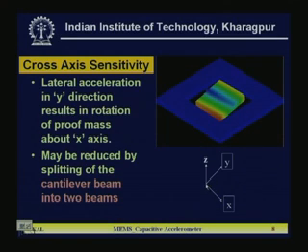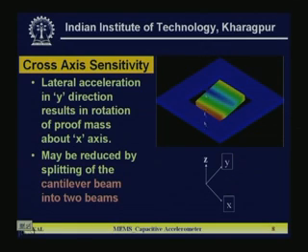So, if we move this whole structure along the x direction, then the position of the seismic mass will change along z also. Okay. If you apply acceleration along x direction, the rotation of the proof mass will be like this, x along vertical. So, some movement will be there along z also.